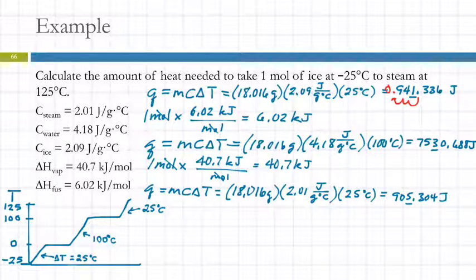And so 0.941 kilojoules. 1, 2, 3. 7.50 kilojoules. 530. And here, 1, 2, 3. 0.905 kilojoules.